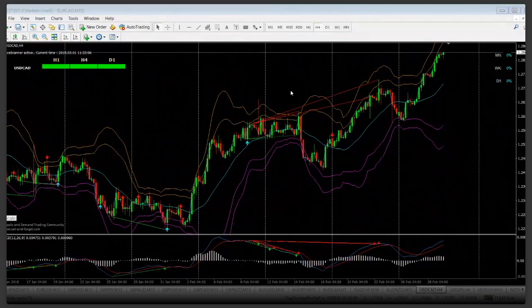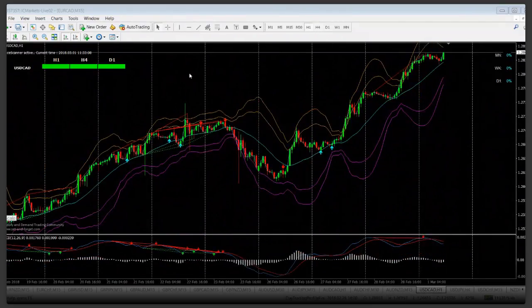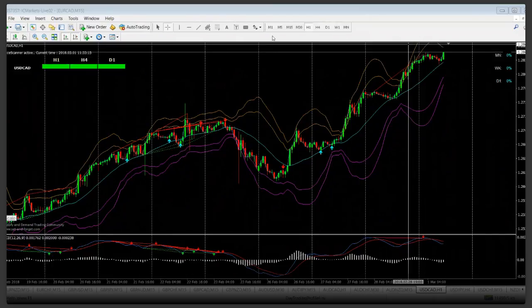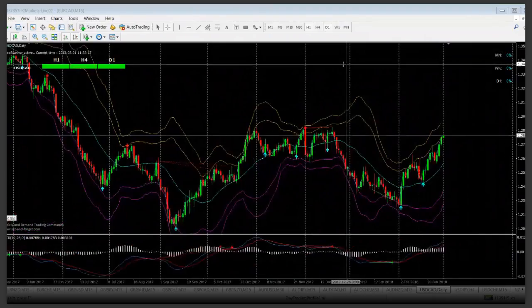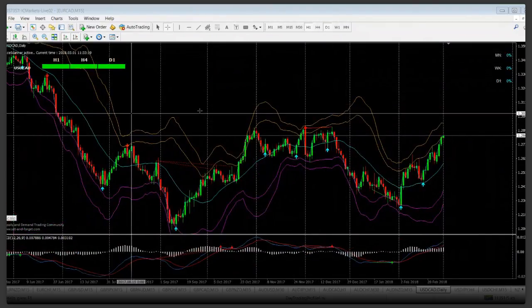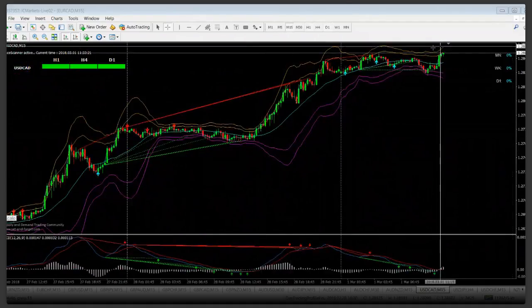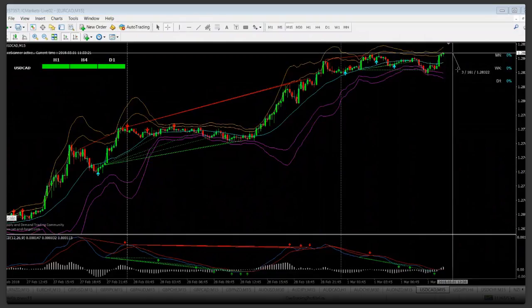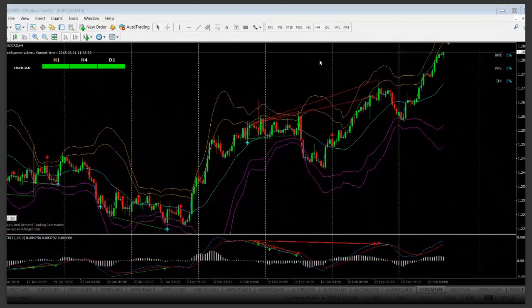MACD still showing on the 4-hour chart. On the 1-hour chart, we're getting a bit of a divergence starting to happen, so this could still pop up a little bit more. 15-minute chart, we'll see. If it starts to come back down here, I will like this for a sell signal on the short term, the target.